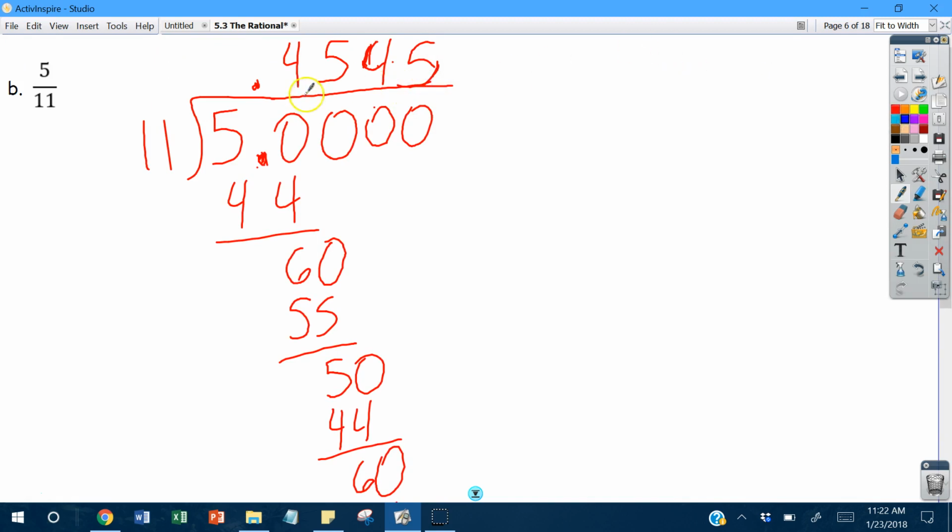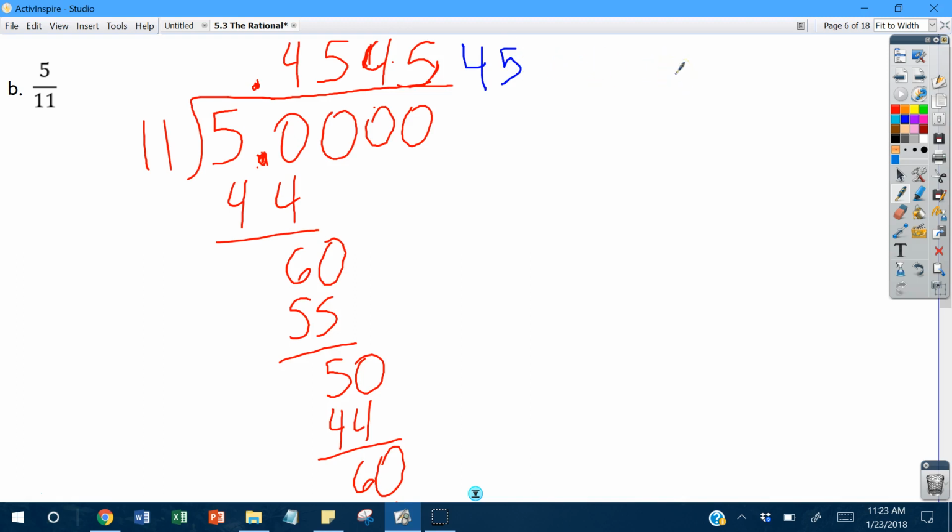The numbers I got up here are 4, 5, 4, 5, and if I do this one more time, 11 goes into 50 4 times, I'm going to get another 4, and then another 5, and it's never going to end, which is not a problem for us because now we've noticed there's this pattern here. As long as we keep doing the long division, we're going to end up with the repeating decimal, 4, 5, 4, 5, and so on.